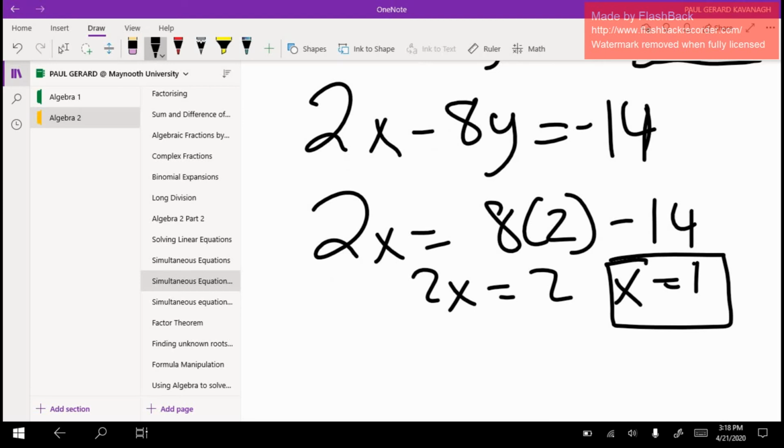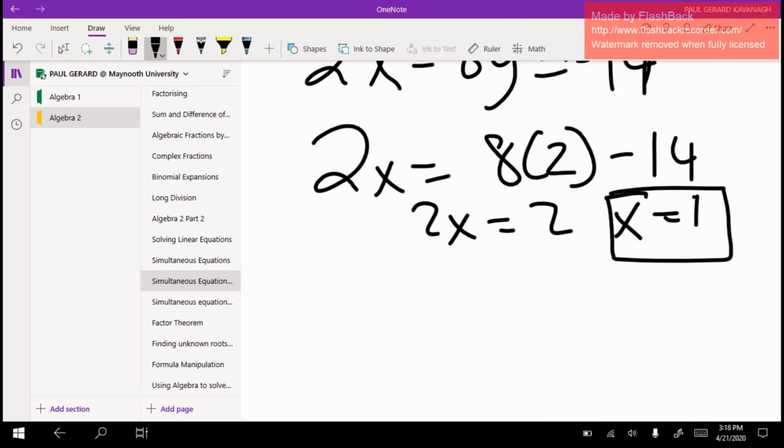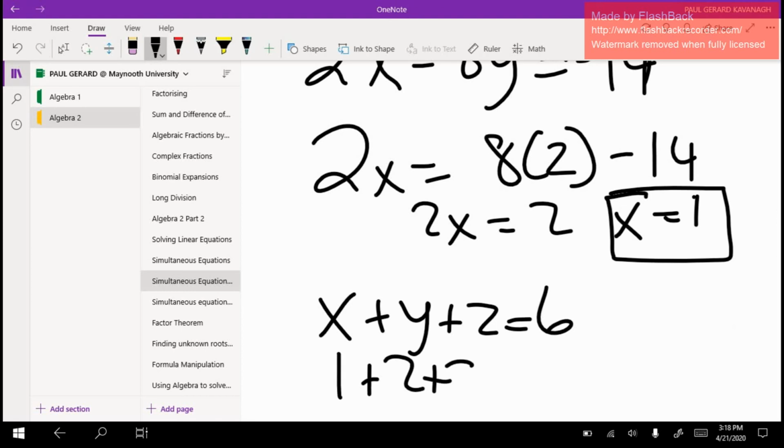So x plus y plus z is equal to 6, so 1 plus 2 plus z is equal to 6. 1 plus 2 is 3. You take 3 away from both sides, so z is equal to 3, or 6 minus 3, which is 3.